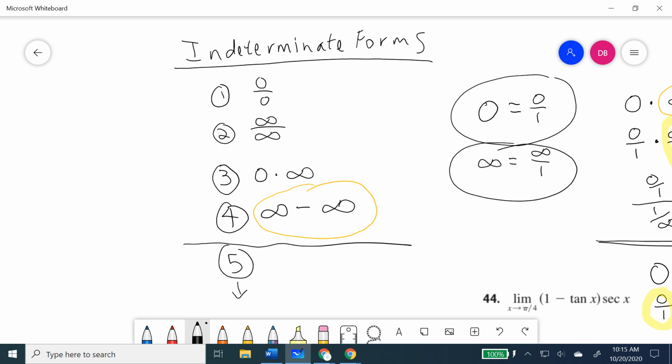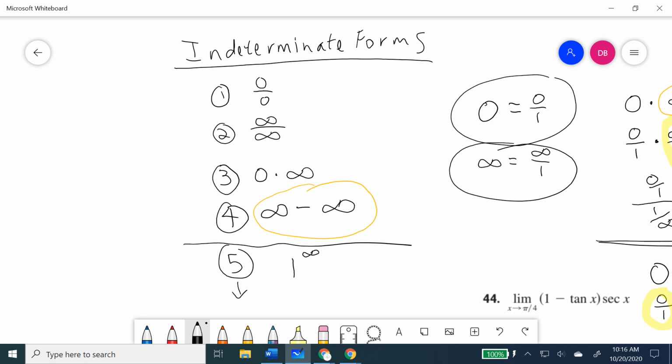Here's my favorite one. People love this one. 1 to the power of infinity. There are several exponential indeterminate forms, and even if you see a list of them in a textbook, it isn't all of them.